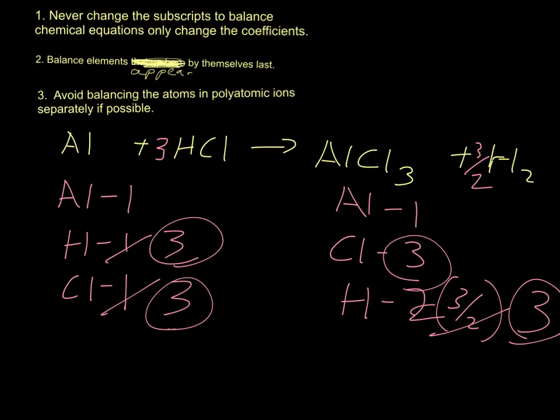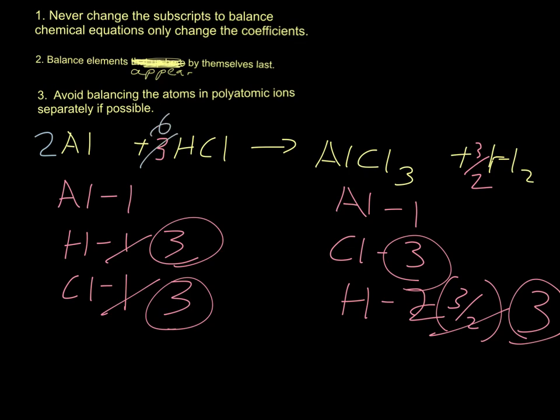If I was in thermochemistry, I'd be done. But remember, we don't like the ideological visual of having half of a molecule, because you can't have half of a smallest unit. So how are we going to get rid of that 2? We're going to multiply the entire equation through by 2.